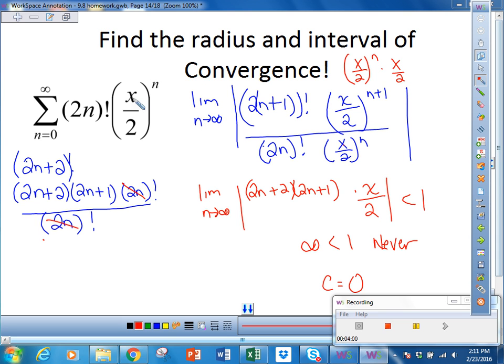The center comes from, remember, if the center was something else, it would have been written differently. So this tells me my center. And since I'm not adding or subtracting anything from x, that's my center. So in this case, the center is 0.